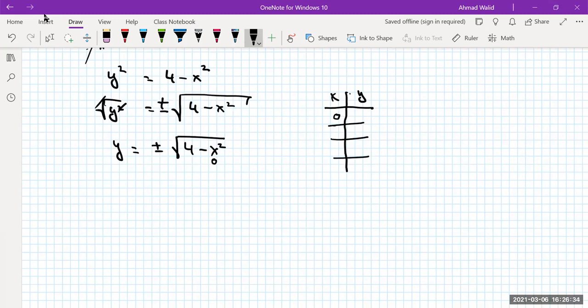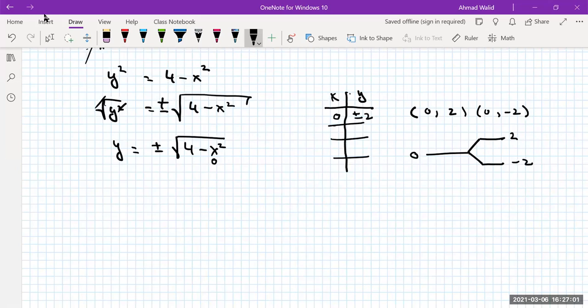It gives you plus minus 2. You don't even need to put in more numbers to check. Look, when x is 0, y is 2. When x is 0, y is negative 2. 0 goes to 2 and 0 goes to negative 2.